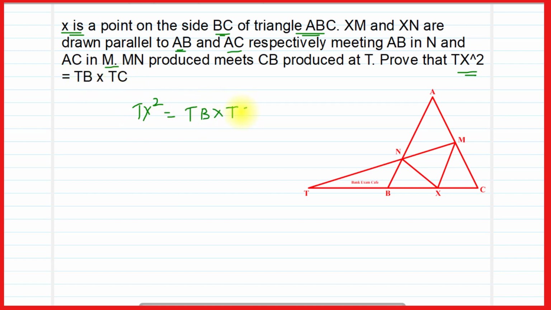So TX square will be equal to TB into the total length TC, that we have to prove.